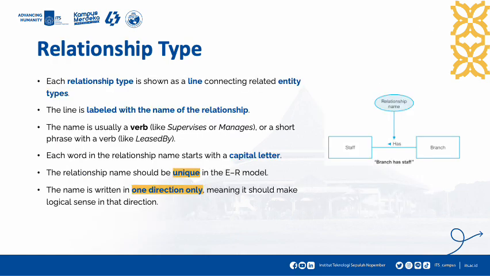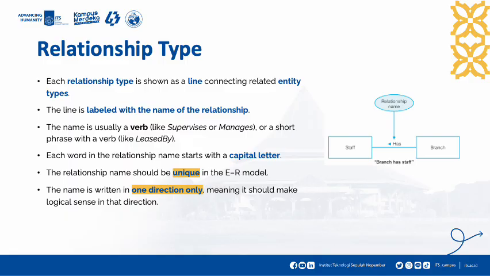For the diagrammatic representation of relationship types, usually each relationship type is shown as a line connecting related entity types. The line is labeled with the name of the relationship. Usually the name should contain a verb like Supervises, Has, Manages, or maybe a short phrase with a verb like ListedBy.